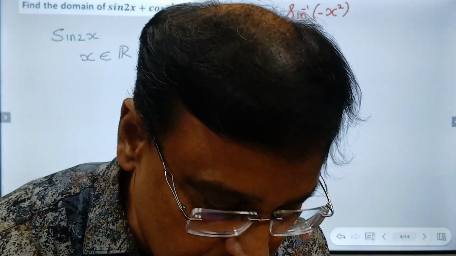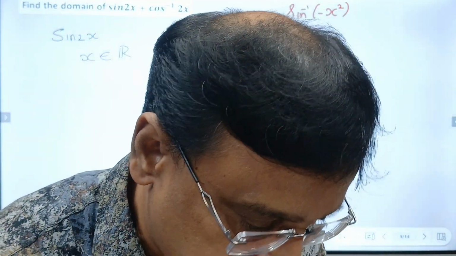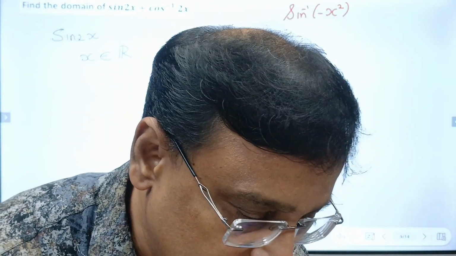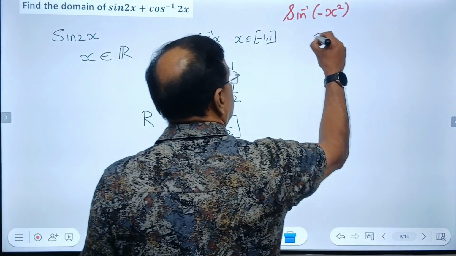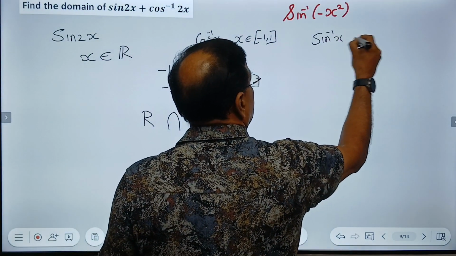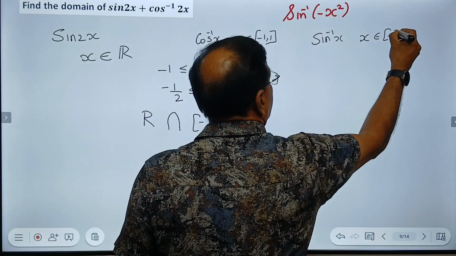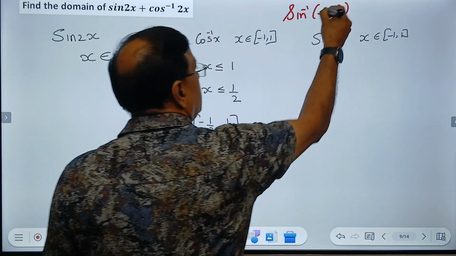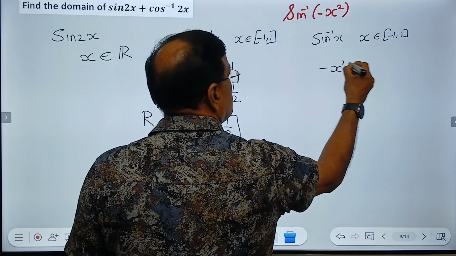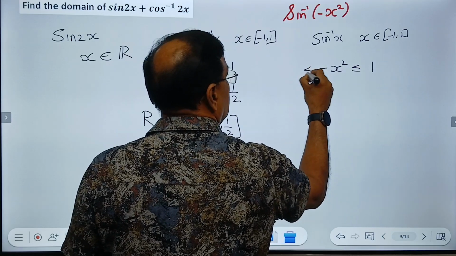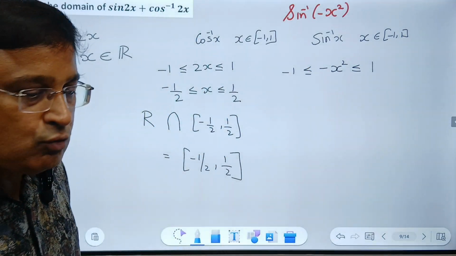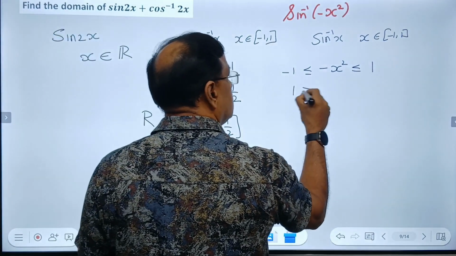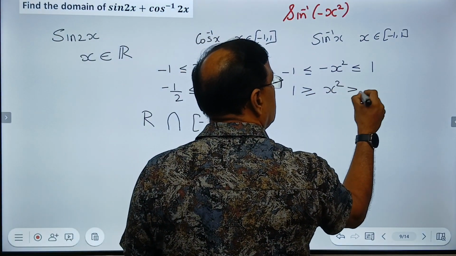This is sine inverse of minus x square. Now how do I deal with this? Now, you know for sine inverse of x, your x lies between minus 1 and plus 1, but it is minus x square. So minus x square should lie between plus 1 and minus 1. Correct? Now what do you do? Multiply throughout by minus. So you get 1 greater than or equal to x square greater than or equal to minus 1.